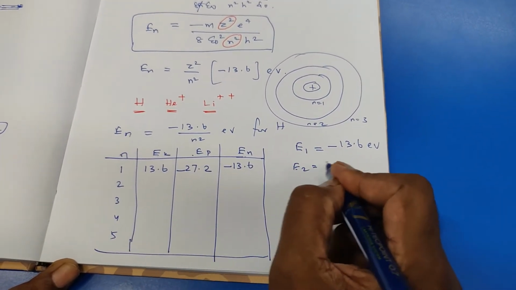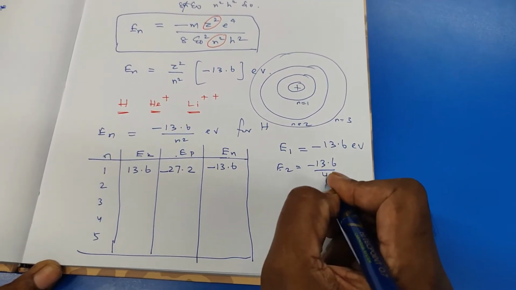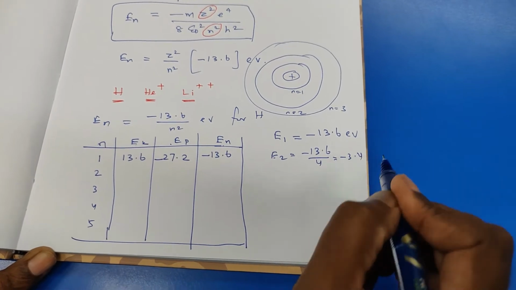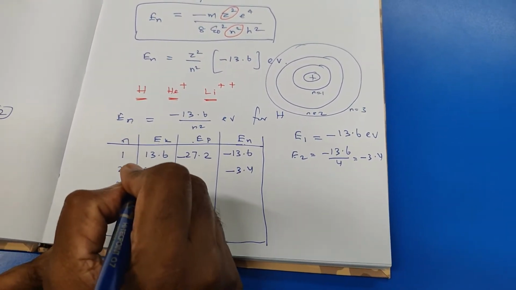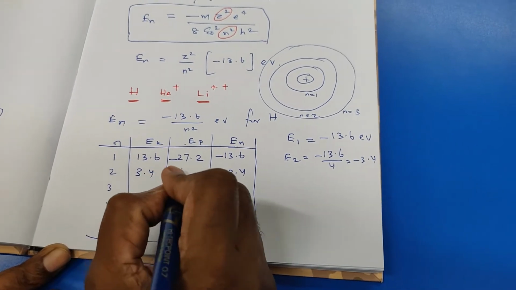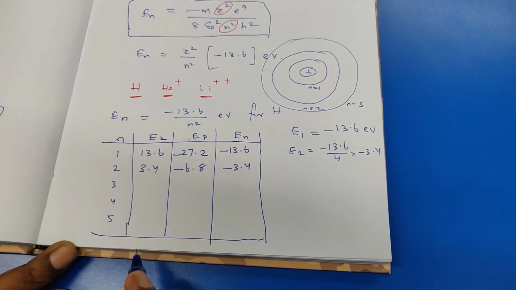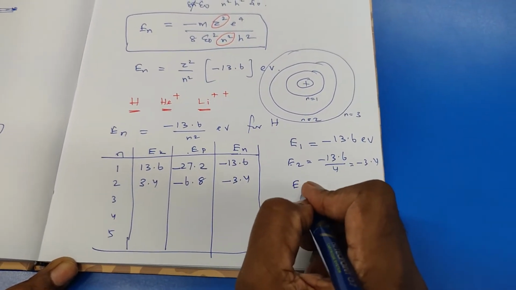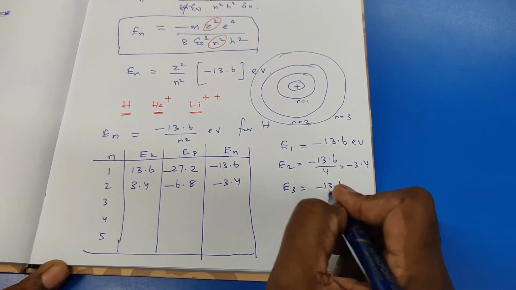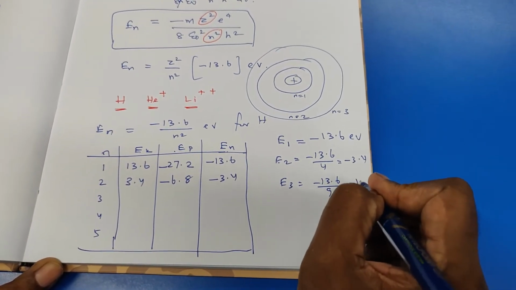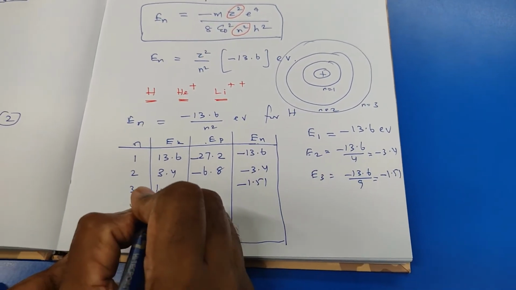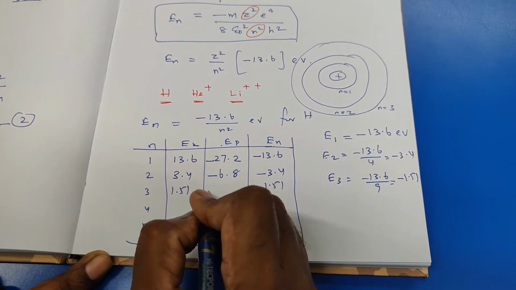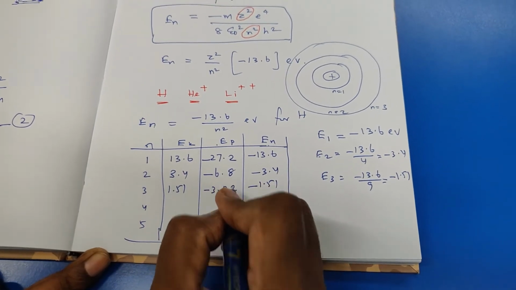Second level, you have to divide by 2 square, 4. You get minus 3.4 electron volts. So the total energy minus 3.4, kinetic energy plus 3.4, potential energy minus 6.8. When you divide by 3 square, E3, minus 13.6 divided by 9, minus 1.51. This is minus 1.51, this is plus 1.51, this is minus 3.02.